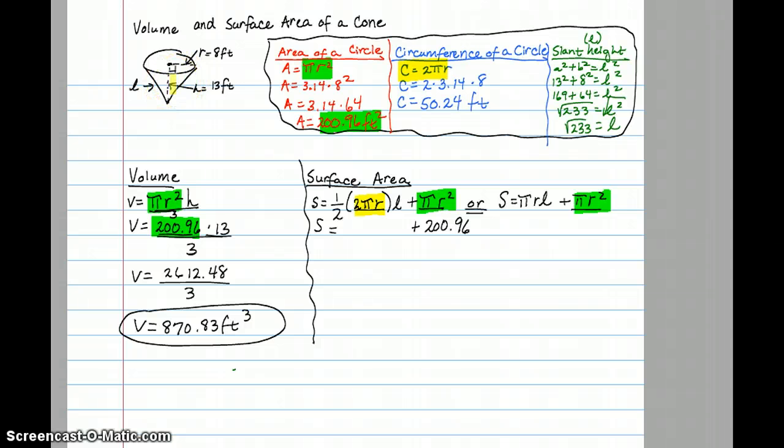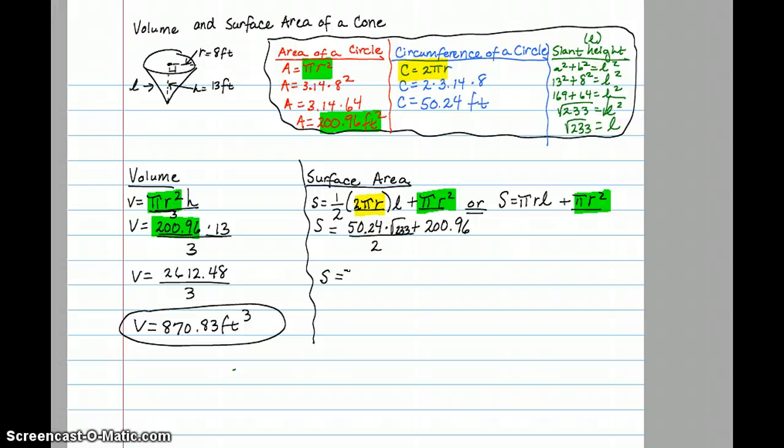So I'm just going to, again, substitute in values. 2 pi r we already know is 50.24. L we know is the square root of 233. And then we're going to divide that all by 2. Taking a half and dividing by 2 are the same thing. So we've got 50.24 times the square root of 233 divided by 2.